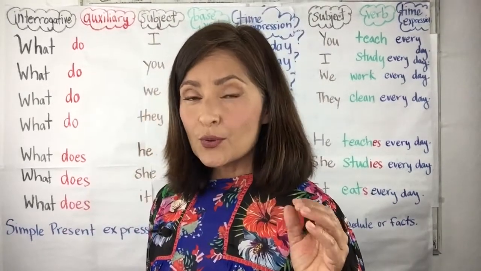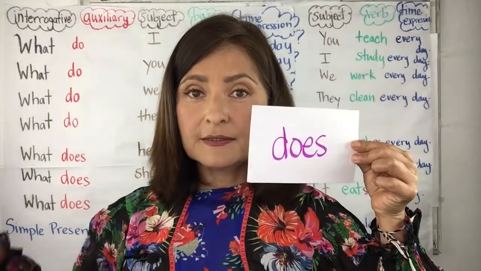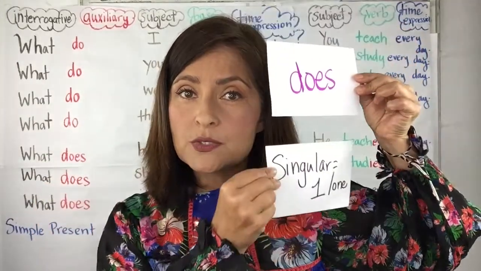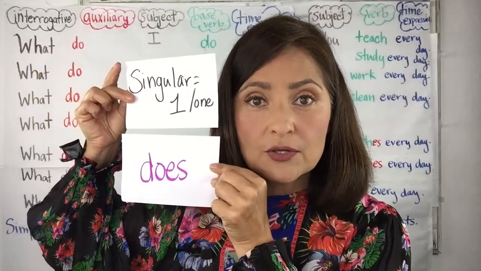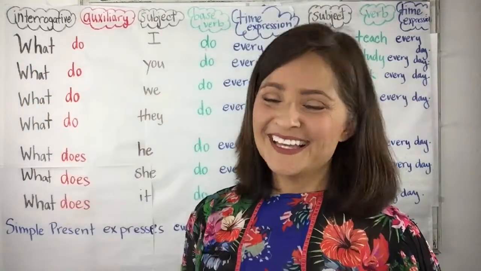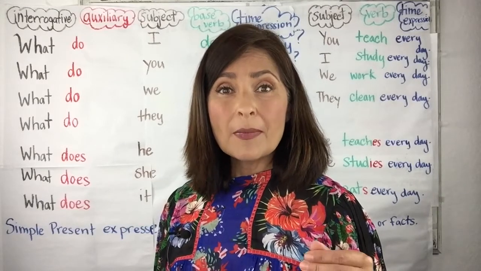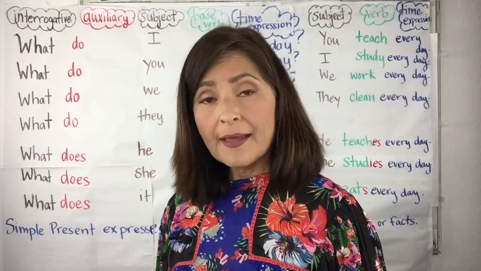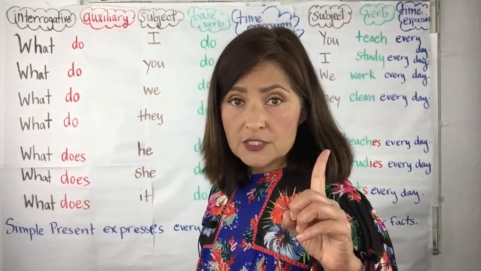Now let's look at the order of words. As I said before, does equals singular. Does equals singular. Got it? Okay. If you want to ask a question about my everyday schedule, a fact, or my habits, you are going to begin with the interrogative first.